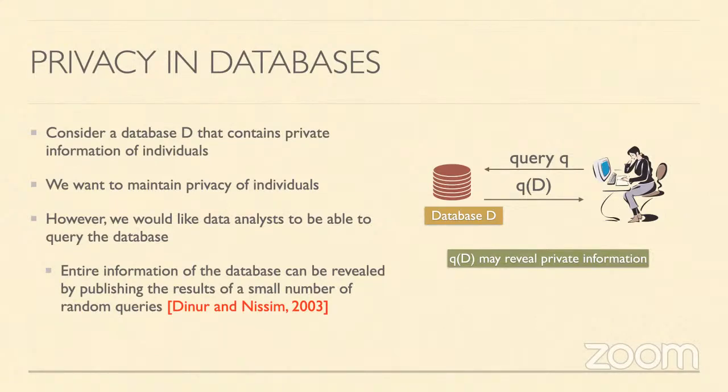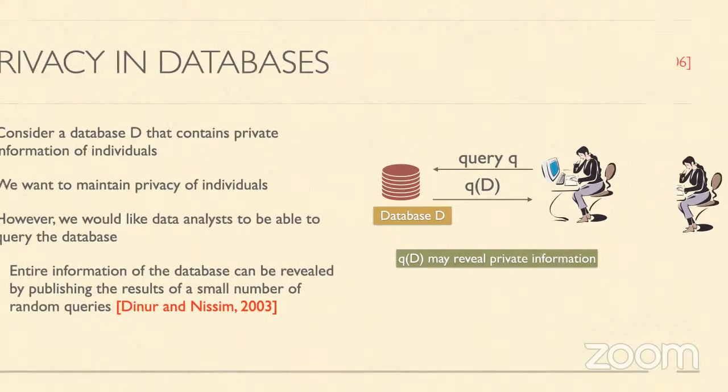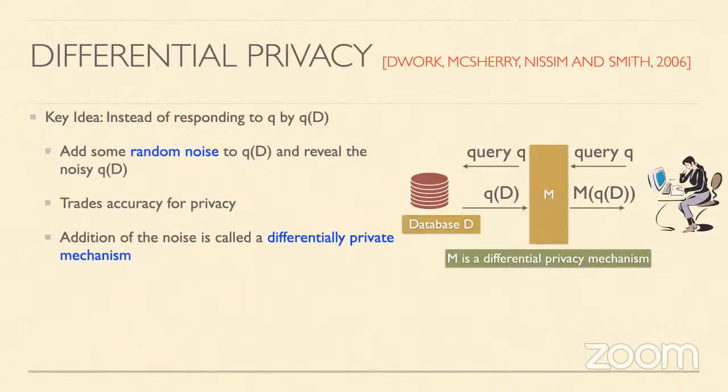You want to have some useful results, but you also don't want to compromise the privacy of individuals in the databases. The differential privacy framework is basically a framework in which you try to accomplish both functionality and privacy. The key idea is that when you query a database, the database doesn't give you back the exact answer. It gives you an answer which is slightly perturbed.